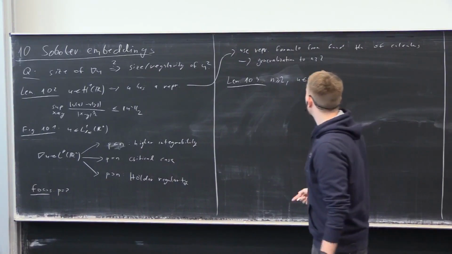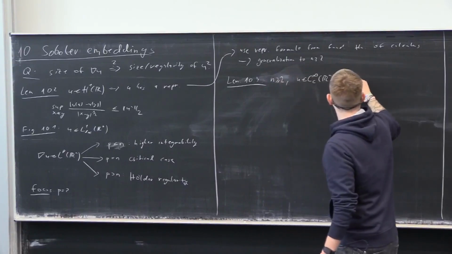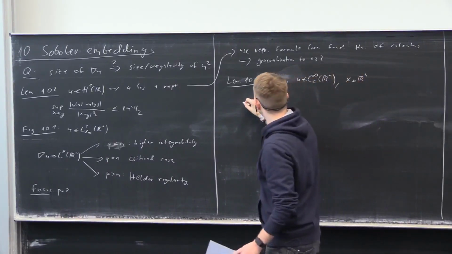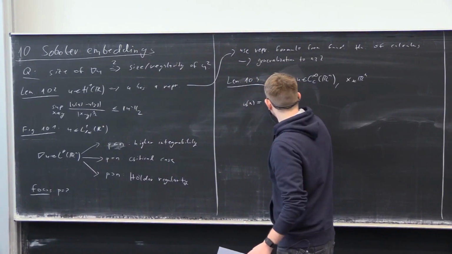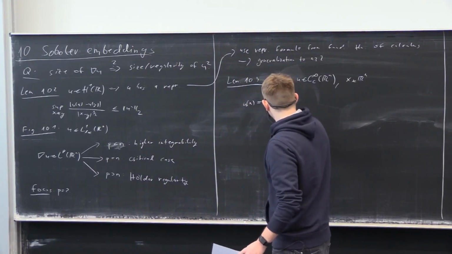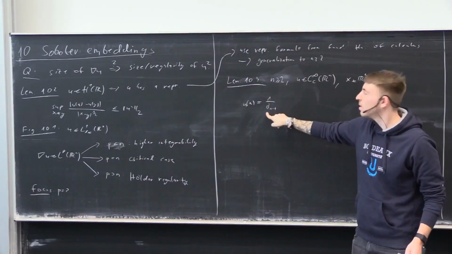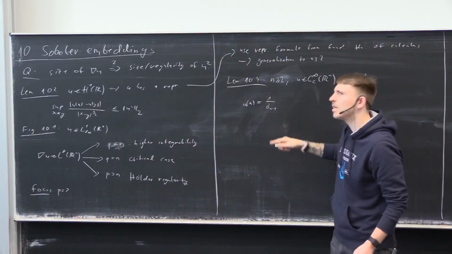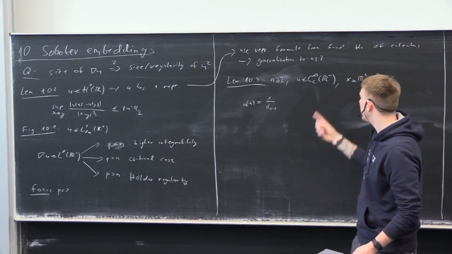And then I claim that there is a representation formula for u, namely for all x in R^n, I have that u of x is given as 1 over sigma of n minus 1, the measure of the n minus 1 dimensional sphere, a sphere in R^n.